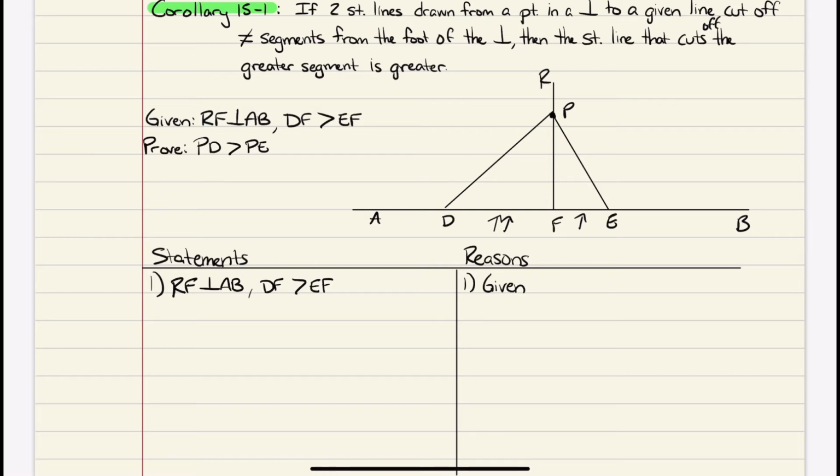Kind of not an easy thing to think of right off the bat, but a way to prove this is to pretty much make equal segments on both sides of the foot of the perpendicular. That's going to help us create a proof that we in class have talked about how we can prove certain things.